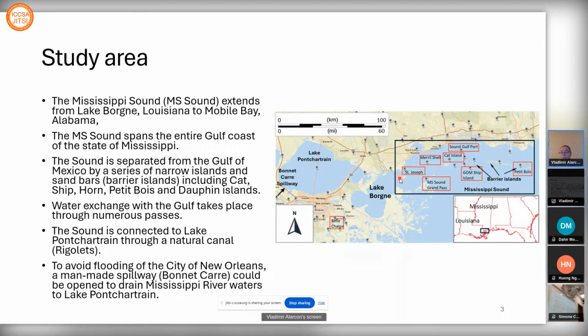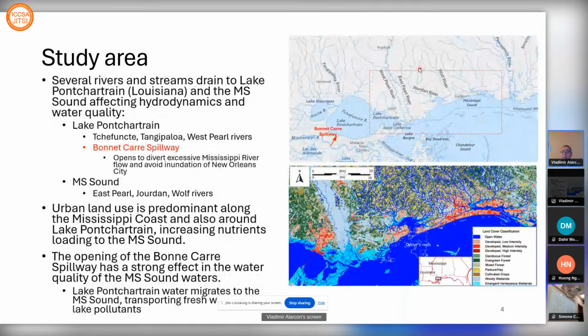Since many economic activities depend on the Mississippi Sound, the openings of this hydraulic structure have strong consequences in Mississippi. Several rivers drain to Lake Pontchartrain and also to the Mississippi Sound, besides the Bonnet-Carré Spillway.